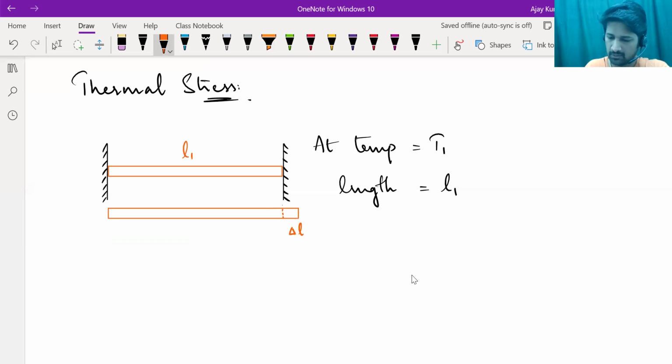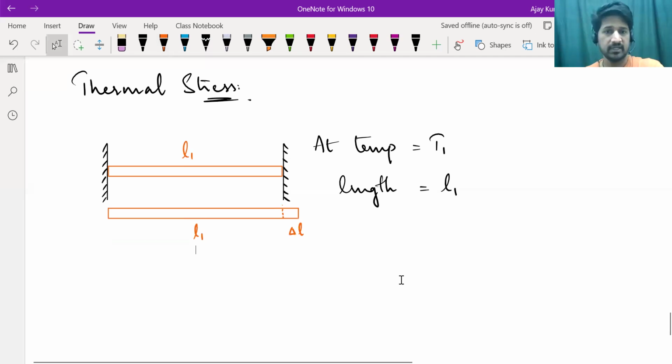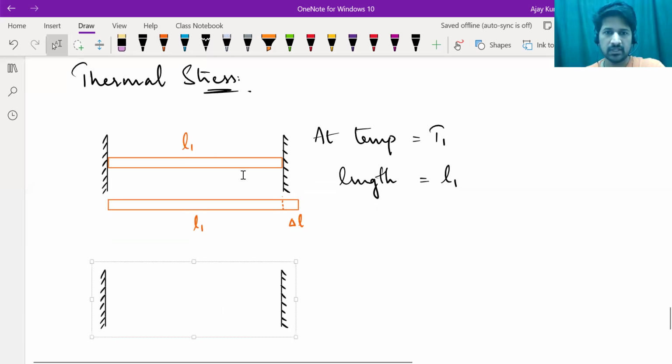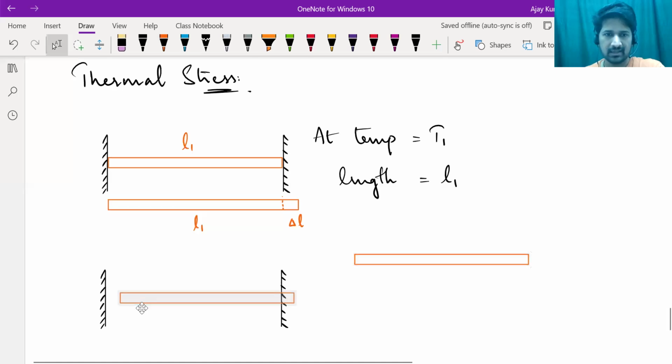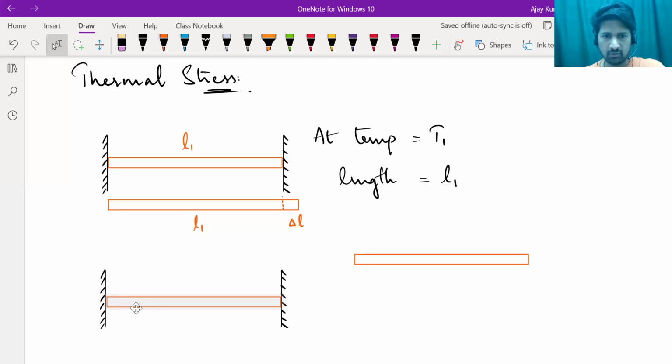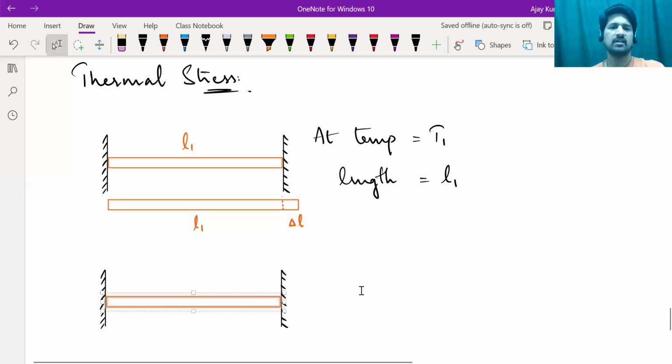This is the original length L1. Here also L1 is there. Some extra length is there. If it was free to expand, it would have expanded like this. But the object is not free to expand. So it will be forced to still occupy a length L1 itself. It wants to occupy a greater length, but we are forcing it to occupy a length L1.